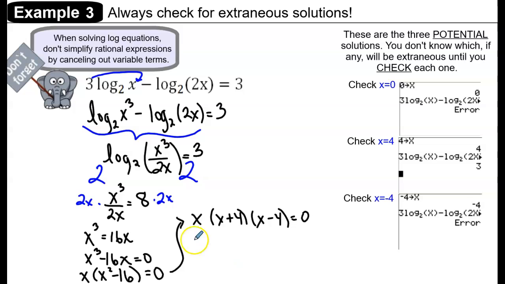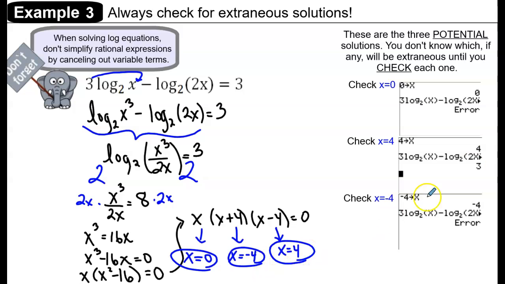And so there are 3 potential solutions to this cubic. We've got x equals 0, then x equals negative 4, and x equals positive 4.